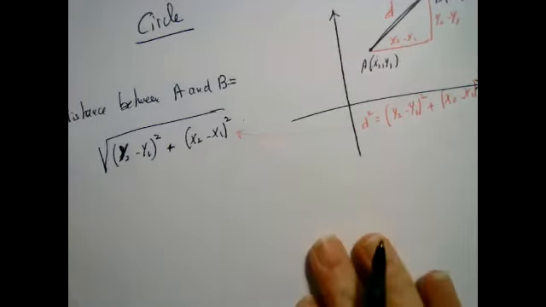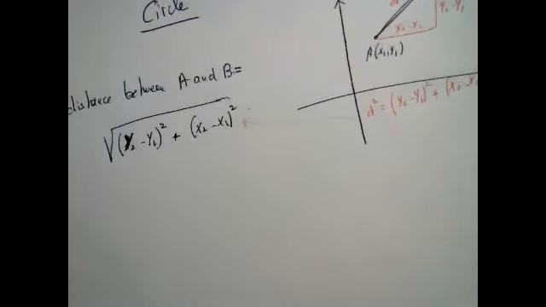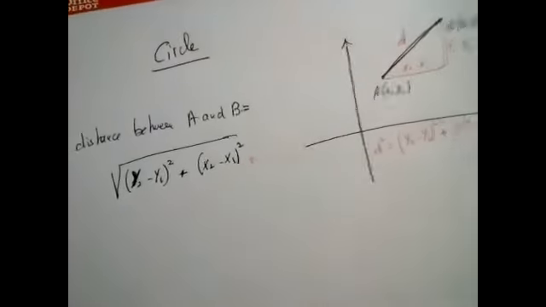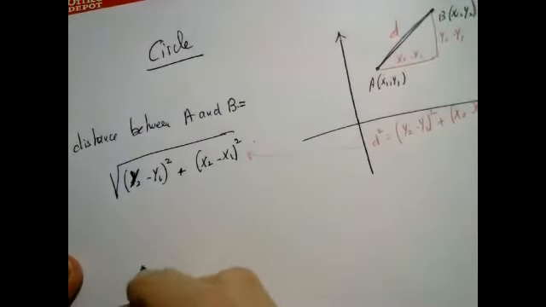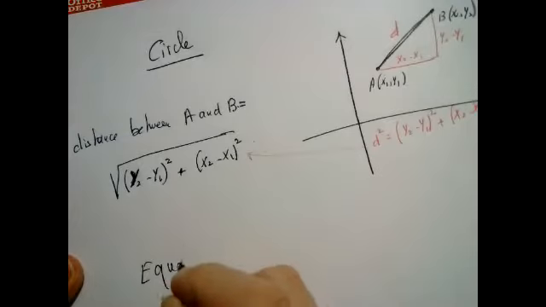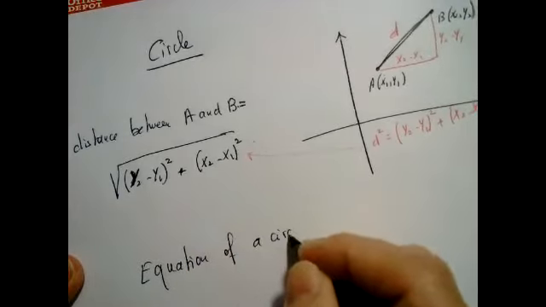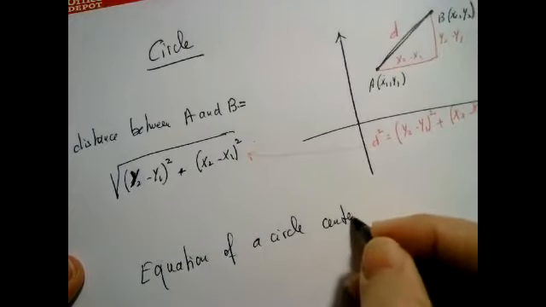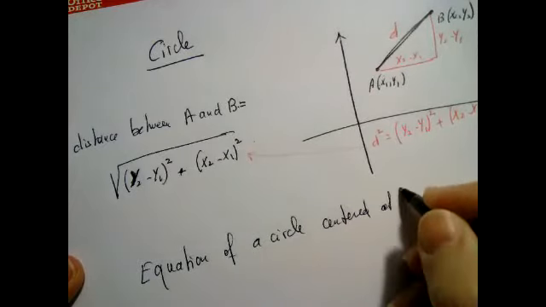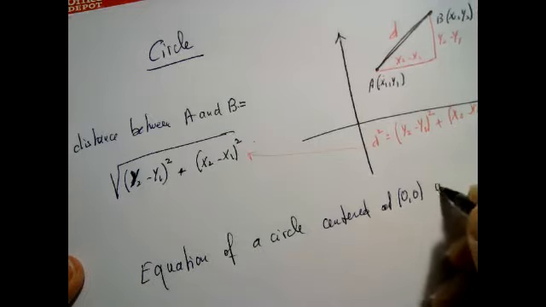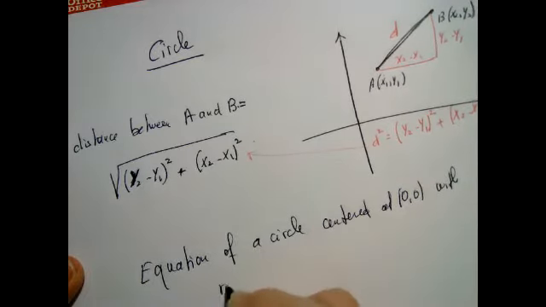And then we've talked about the equation of a circle. So we have the equation of a circle centered at the origin and with radius r.